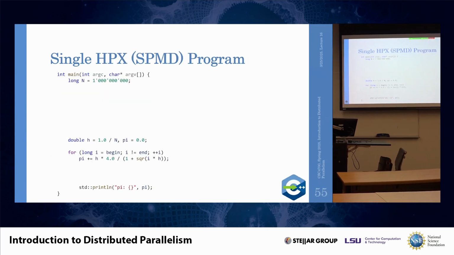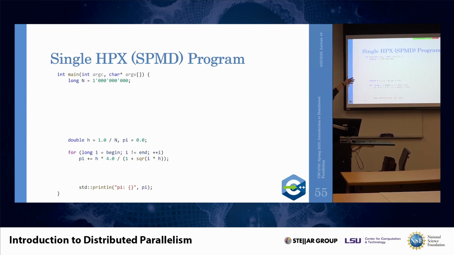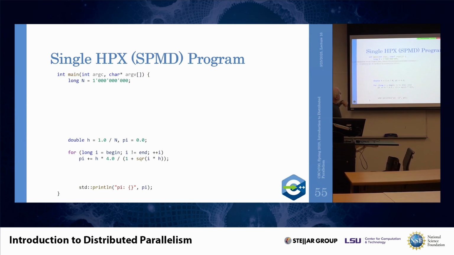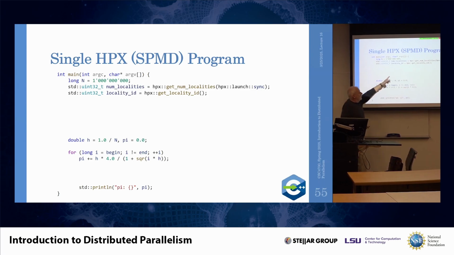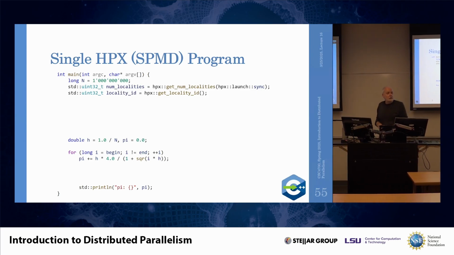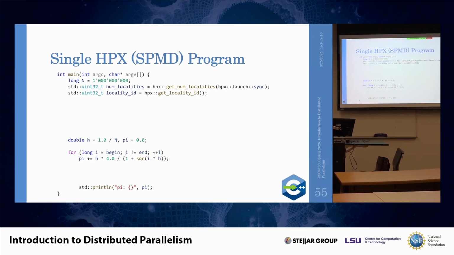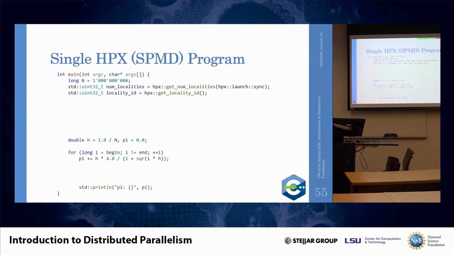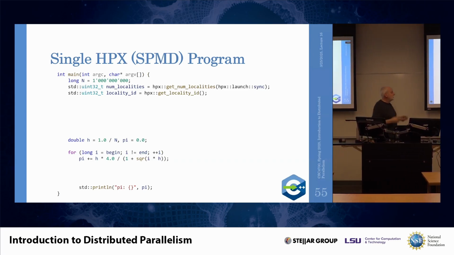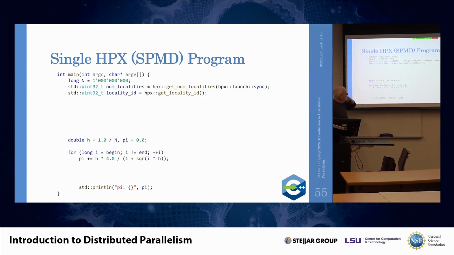So let's look at our code again. This is our initial program. We set n to a billion. This is computing pi, and in the end, we print pi. We've seen that code last lecture when I talked about HPX a bit. I showed you there's a way to find out how many localities, how many p's do I have in my application, how many processes do I have, which is the get_num_localities function.